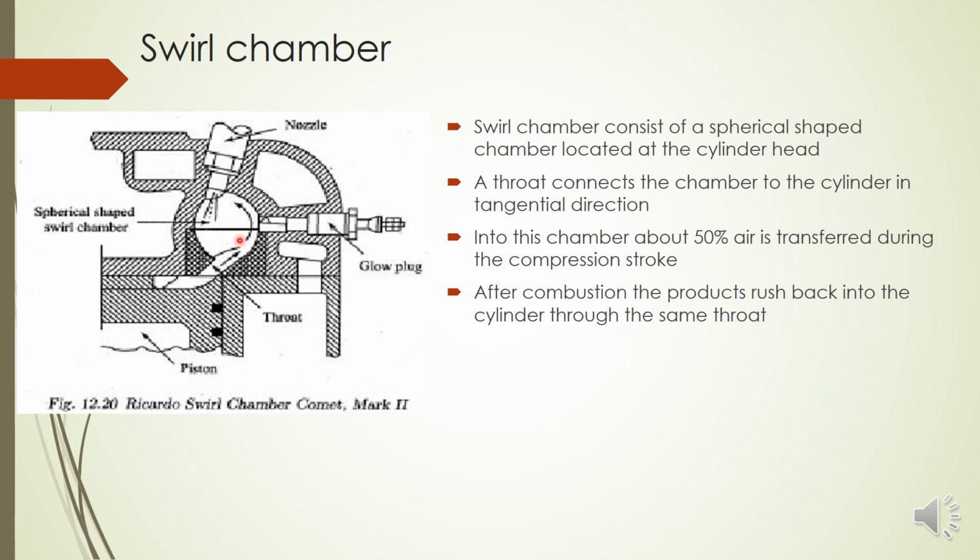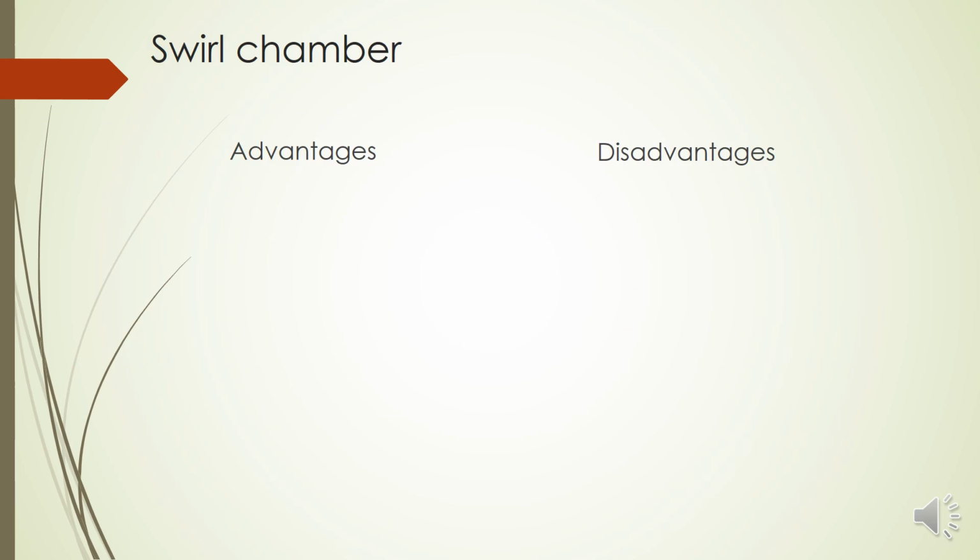While entering this spherical chamber, this air will have a swirl generation, and then we will inject the fuel through the nozzle. Combustion takes place. Then after combustion, the products will rush back into the cylinder through the same throat. So that is happening in the swirl chamber.